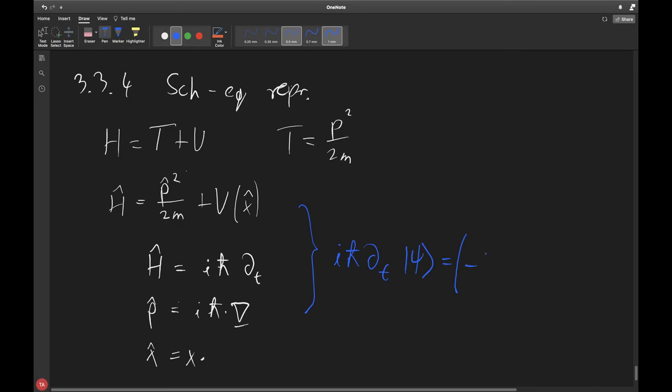The square of h bar is h bar squared. The square of nabla, I could just go with the nabla squared. And then I have 2m, which is for the mass, down here. And then I have the potential x operator here acting on the psi.